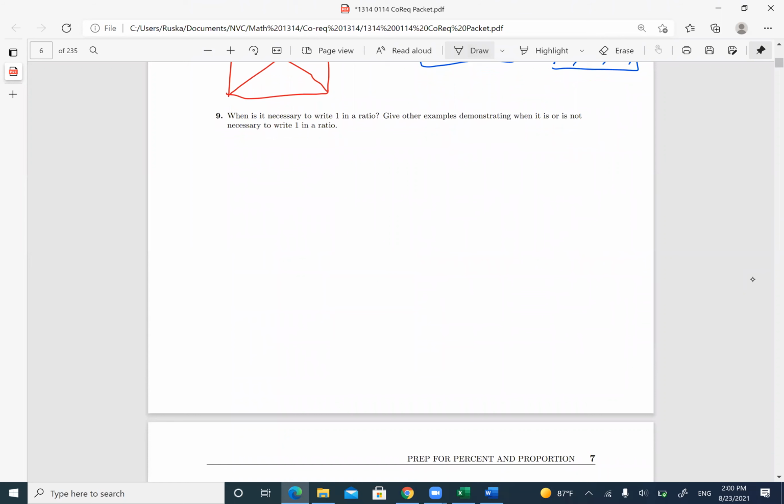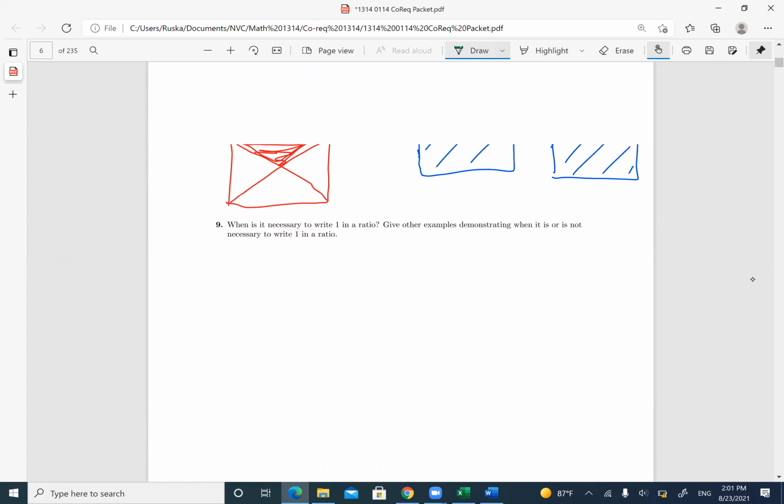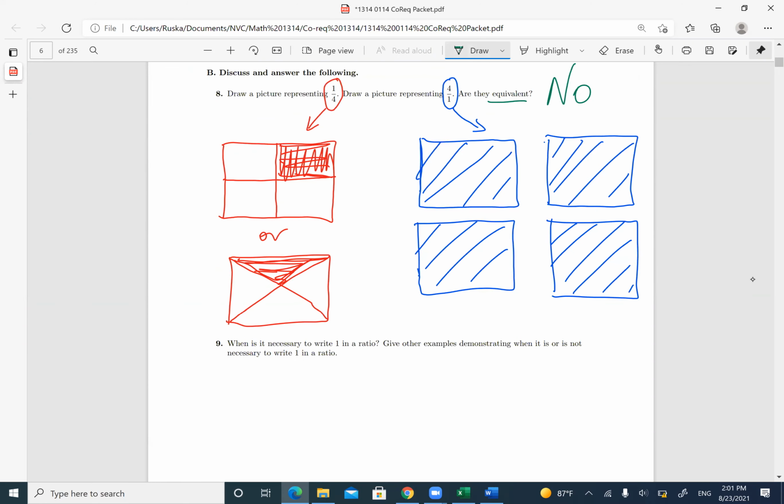The next example we have is number 9, when it is necessary to write 1 in a ratio. If you have 4/1 or 1/4, which way do you have to put the 1? Is it necessary to put 1? Like when there's only one piece shaded? If only one piece is shaded, you put 1 over, right? In the example we just did, we have 1 in the top and 1 in the bottom.